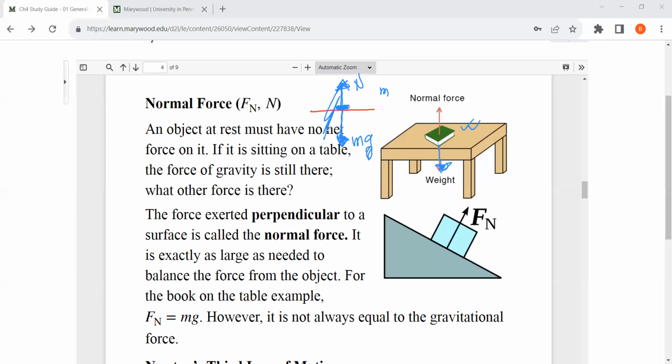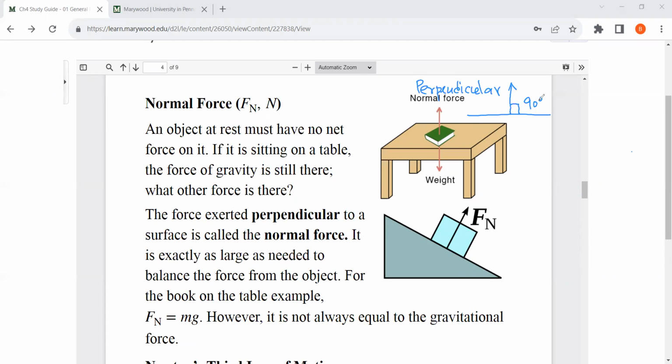Now, a few things to remember for the normal force. Normal means perpendicular. In mathematics, normal means perpendicular. So that means normal force is always perpendicular to the surface. If we have a surface like this, and the object is on this surface, the normal force will be in this direction, and the angle is 90 degrees, which means it is perpendicular to the surface.